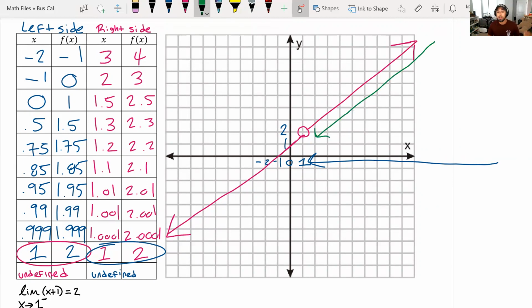And if you guessed it, that number would be 2. And again, let's verify from our XY chart. Look at my x values for the right side. We said that as x approached 1 from the right side, y started to get closer and closer and closer to 2. I mean, in reality, 2.00001 is just 2. But once again, because of the domain issue, we cannot be on 2.